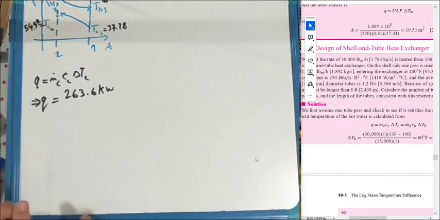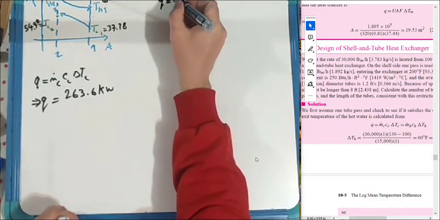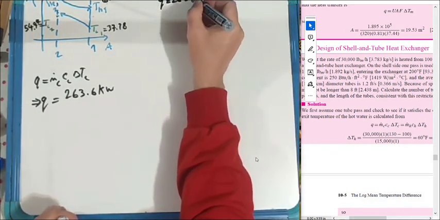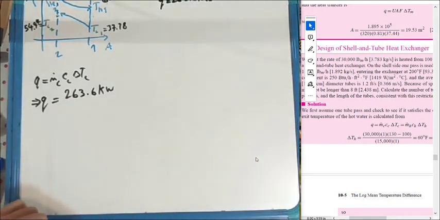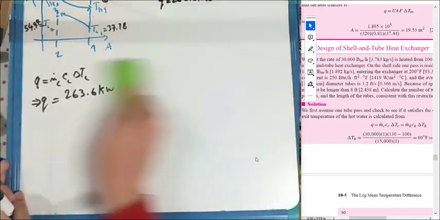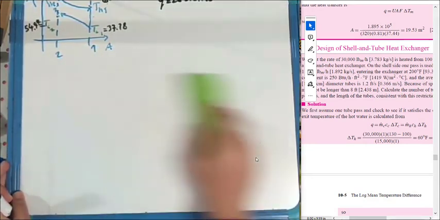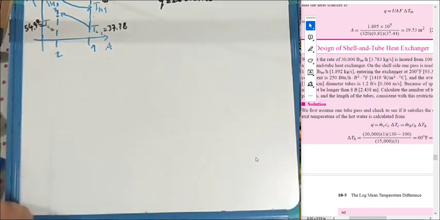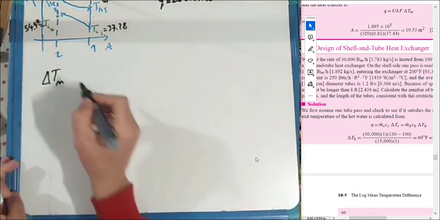Okay, our Q is defined here. Q equals 263.6 kilowatts. You don't need it anymore because I evaluated that Q. But the other parameter I need is delta Tm. Why?